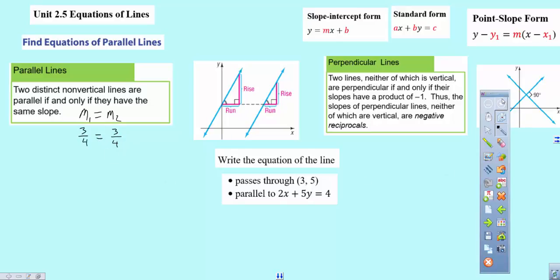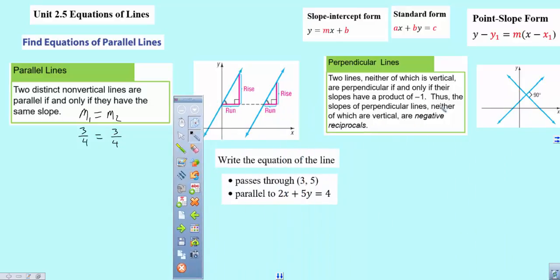For perpendicular lines, the slope of line 1 might be 3 over 4, but the slope of line 2 would be what we call the negative reciprocal. I often use opposite reciprocal, so instead of saying negative, I say opposite, but they mean the same thing.